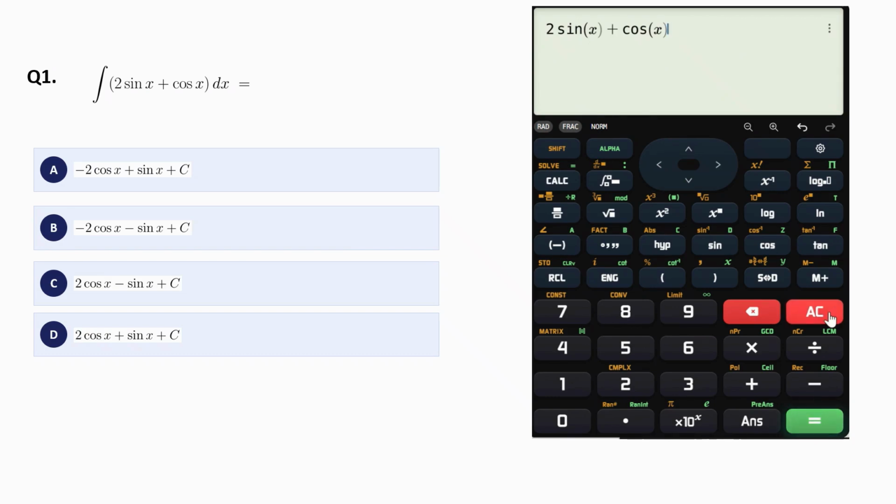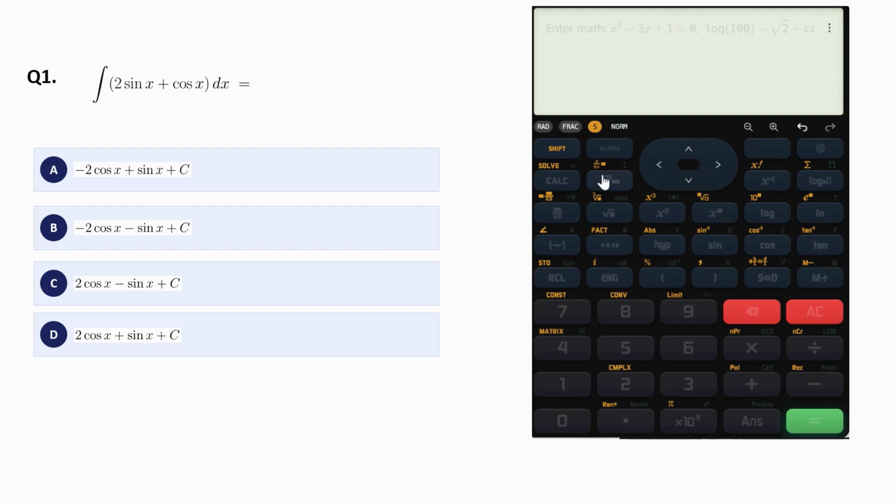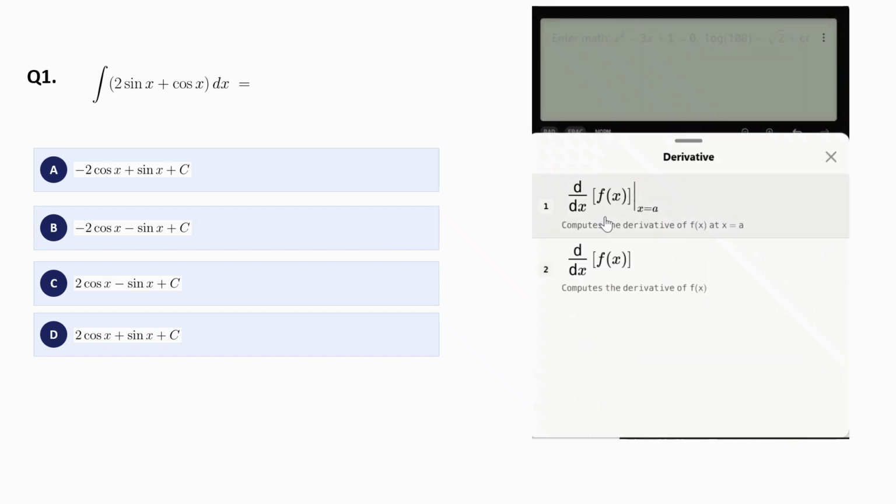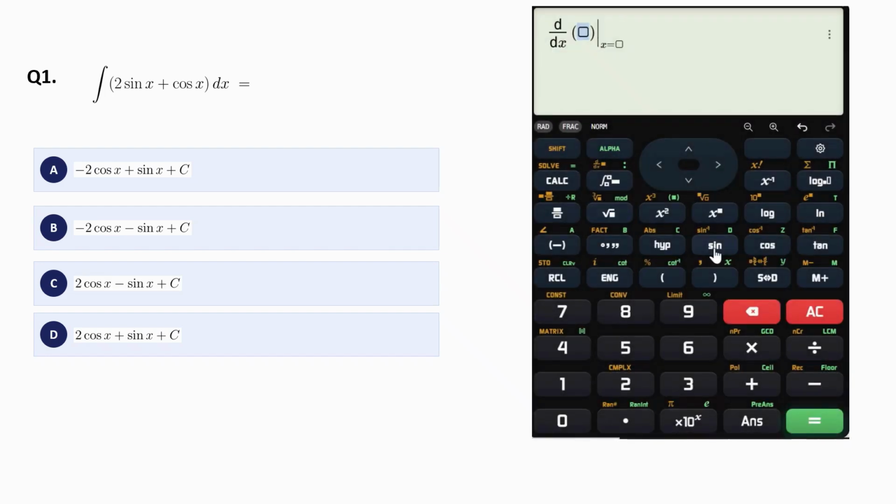Now let's check each option. For option A, we are supposed to enter d by dx of, the first option, which says negative 2 cos x plus sin x.